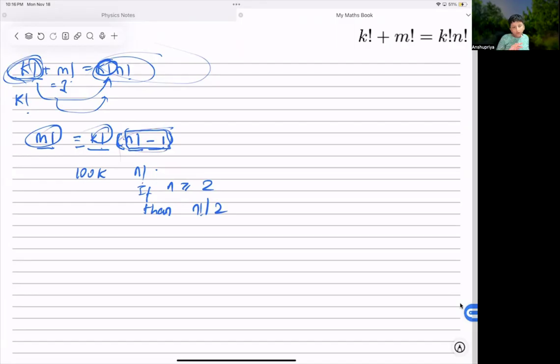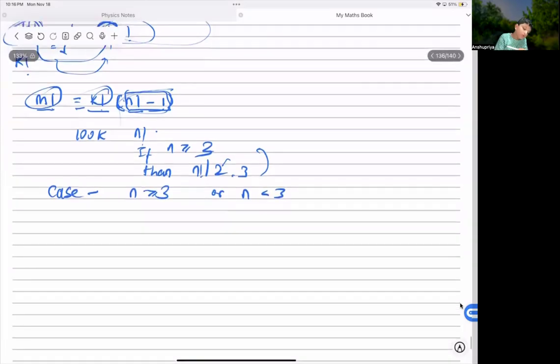I'm keeping 3 actually, then this will be divisible by 2 and 3. It will be better like this. So I'm keeping 2 cases: n is greater than or equal to 3, or n is less than 3. For case 1, n is greater than or equal to 3.